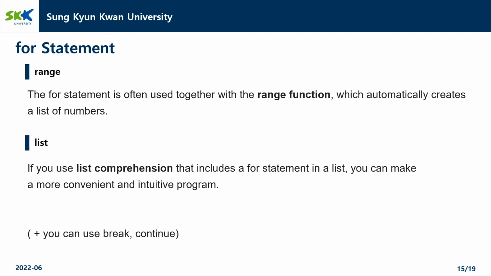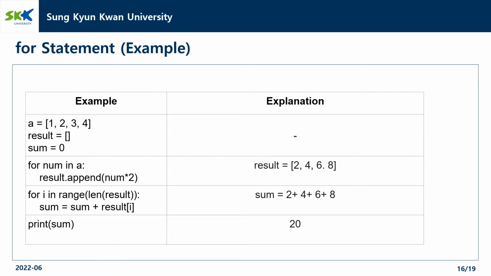In addition, the break and continue statements discussed in the while statement can also be used in the for statement. This example puts the result of multiplying each item in a list by 2 in the result list, adds the values of the elements in the result, and then prints the added value.